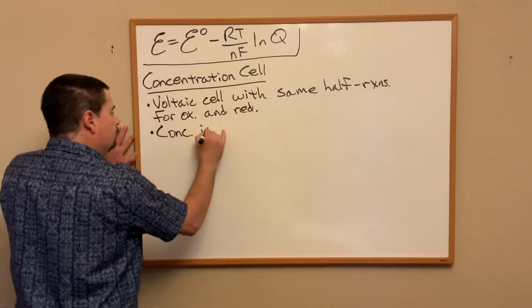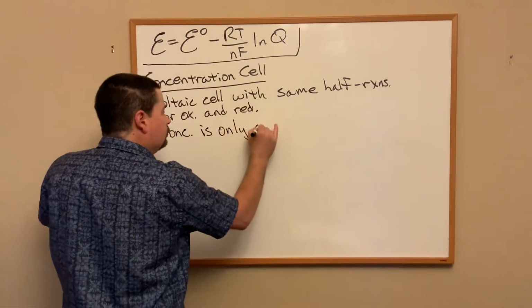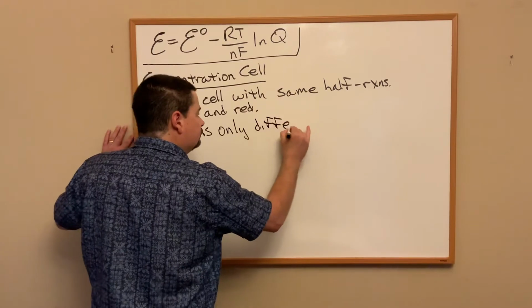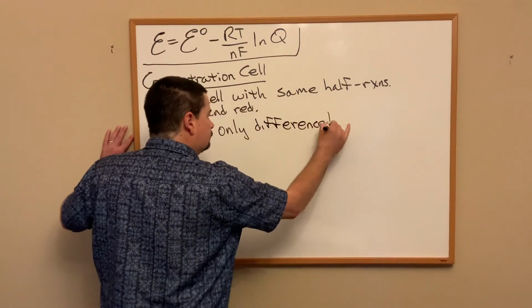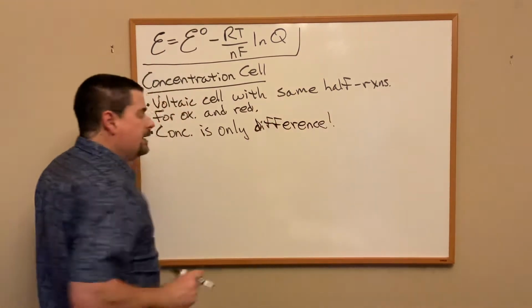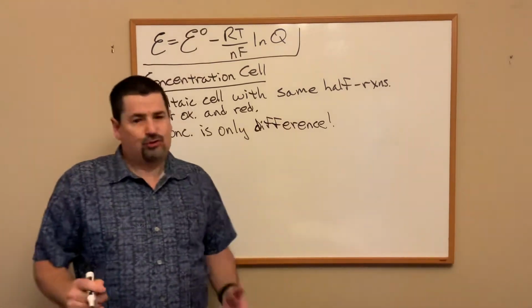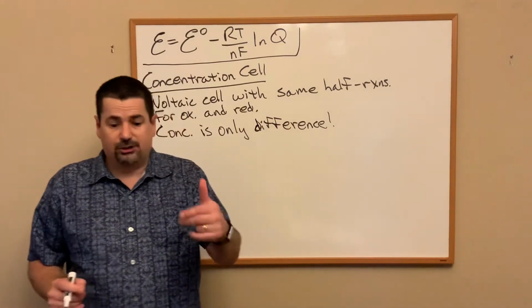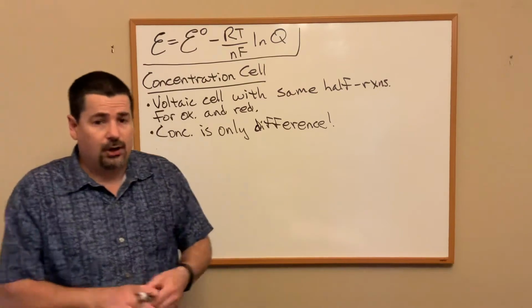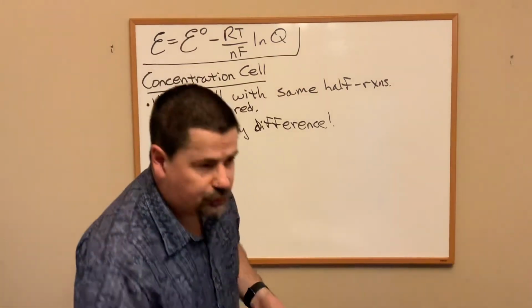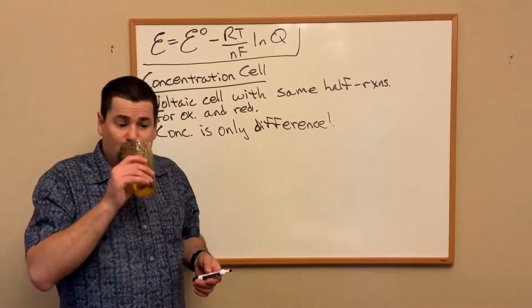Concentration is the only difference. And so there's an example in the text of a silver concentration cell, and that's actually an example that you deal with in the lab, which hopefully I'll have posted soon.